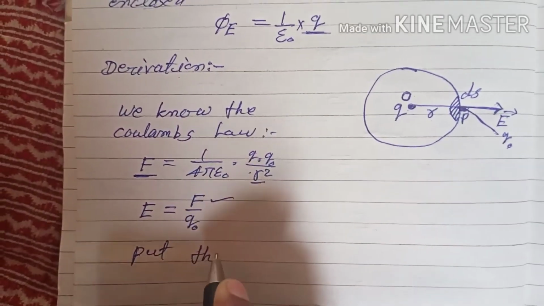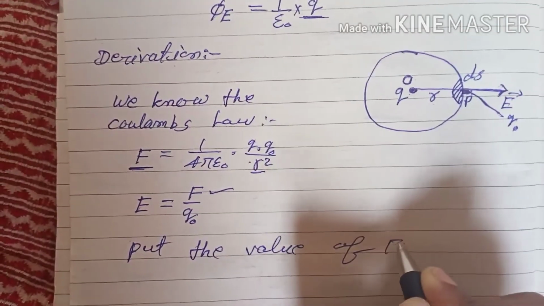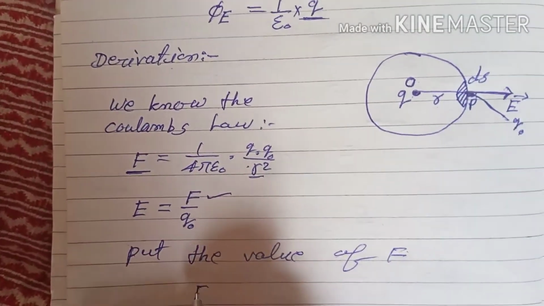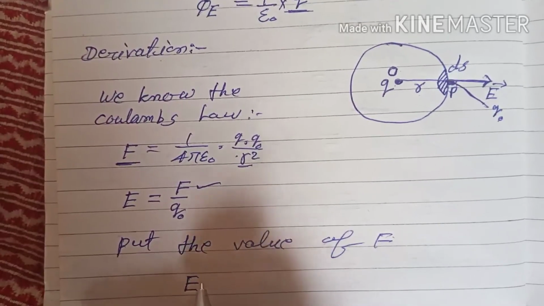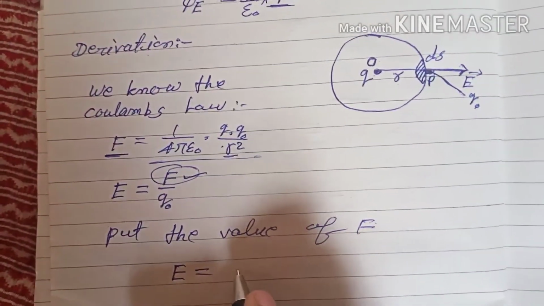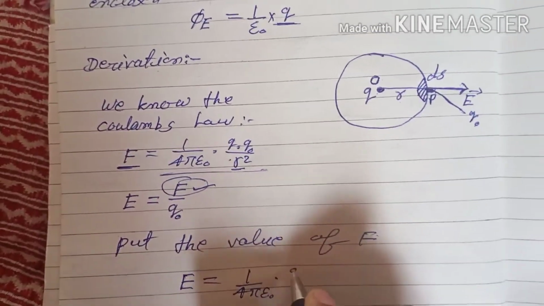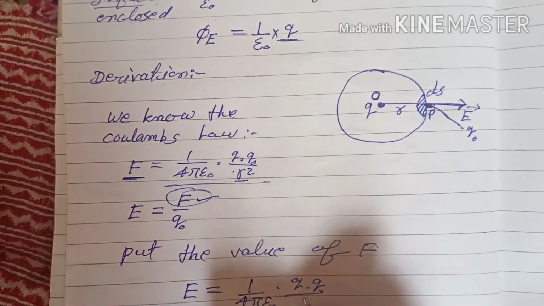So we get E is equal to, the value of F is 1 upon 4 pi epsilon naught, Q into Q0 upon R square.